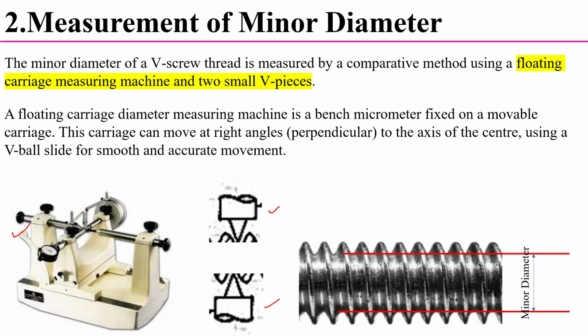A floating carriage diameter measuring machine is a bench micrometer fixed on a movable carriage. This carriage can move at right angles, perpendicular to the axis of the centers, using a V-ball slide for smooth and accurate movement.